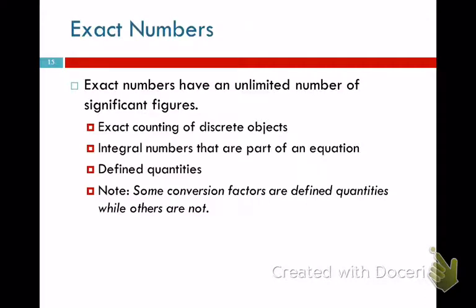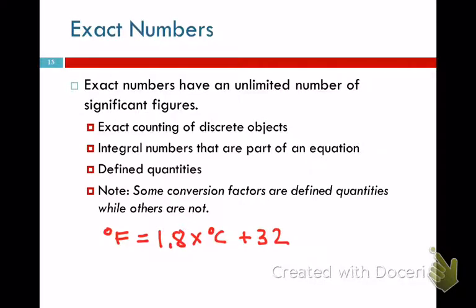Numbers that are part of an equation can be exact, and some conversion factors are exact. Let me give you an example. Degrees Fahrenheit, we're going to use this one later, is 1.8 times degrees Celsius plus 32.